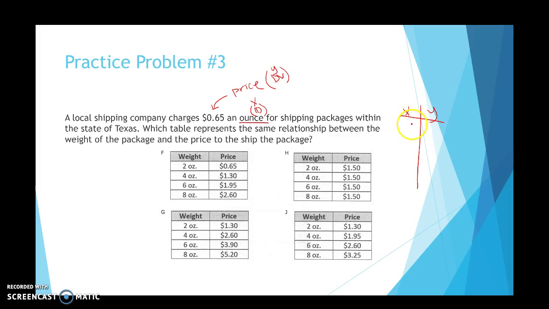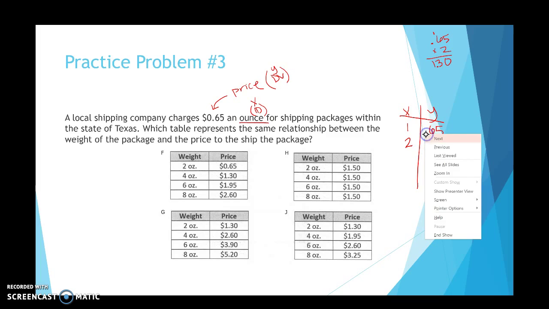So 1 ounce is 65 cents. 2 ounces is 2 times the 65. So 0.65 times 2. 2 times 5 is 10. 2 times 6 is 12, plus 1 is 13. 2 numbers to the right of the decimal, so $1.30. That's a decimal there, it kind of looks like a negative, sorry.